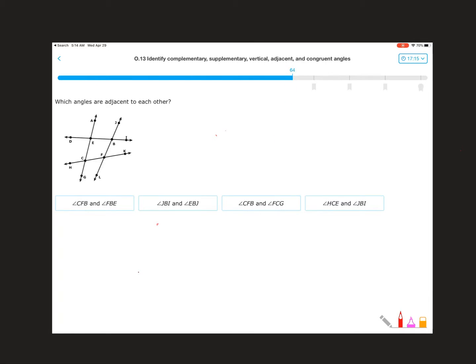Oh, the letters. Okay, we can do this. Angles that are adjacent, next to each other. Here we go again with the definition in case you forgot it. Adjacent is two angles that are next to each other. All right, let's get started.